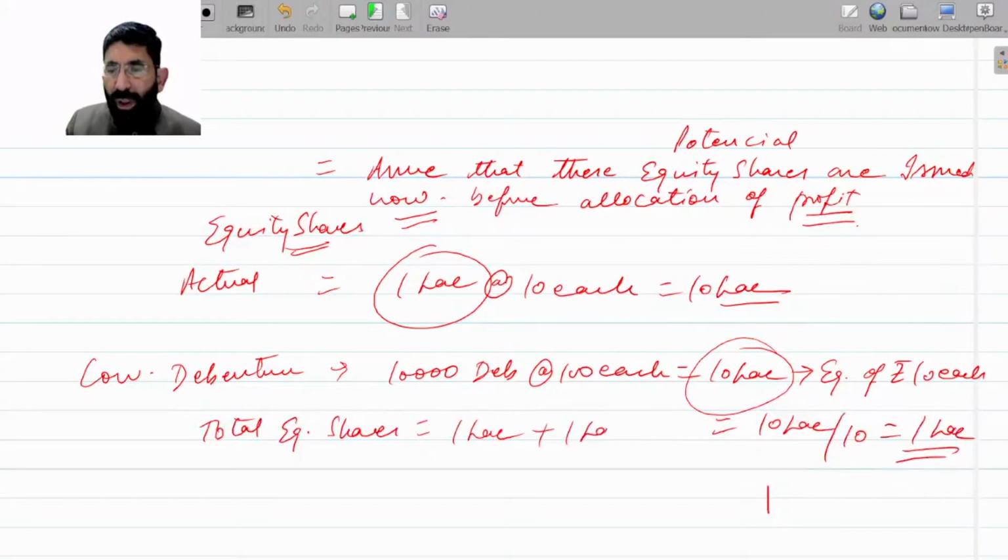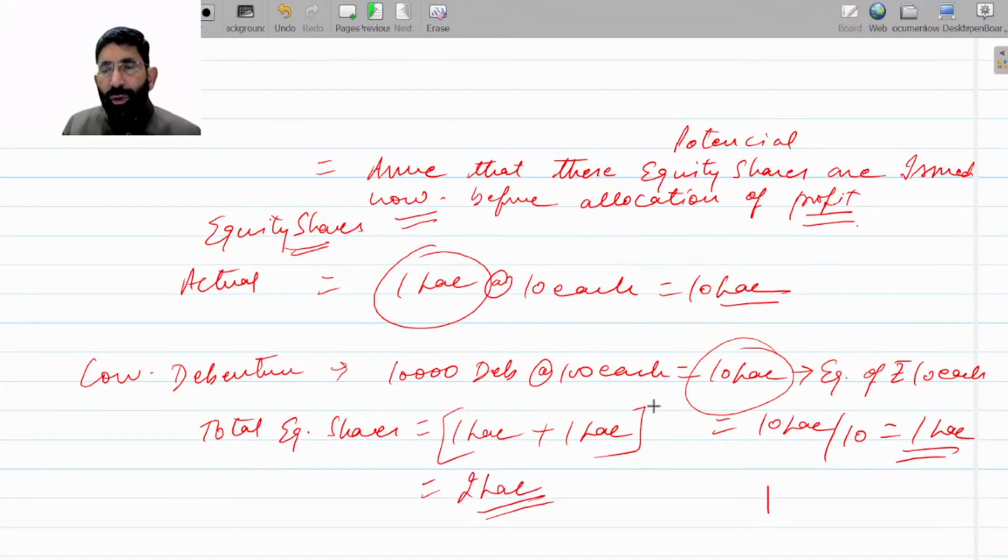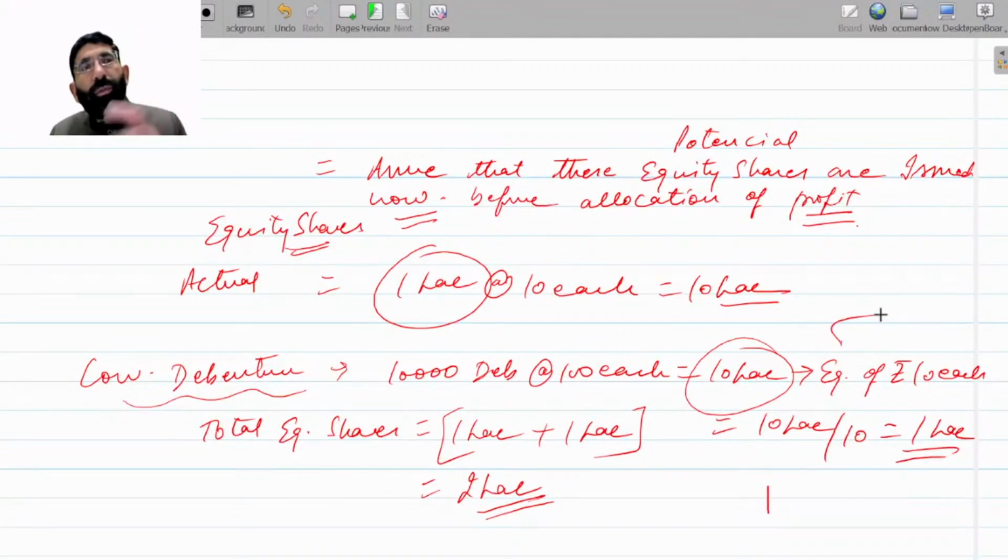So it means for total equity shares for calculating diluted EPS will be 2 lakh in this case. That is, we have assumed that these debentures are already converted into equity share, that we will have to assume, beta.